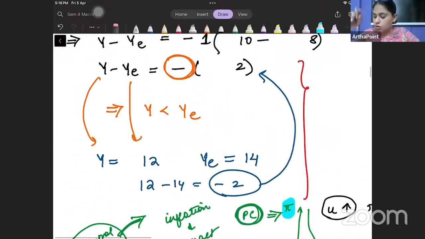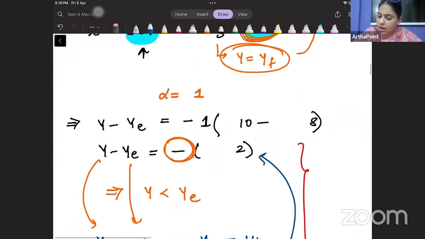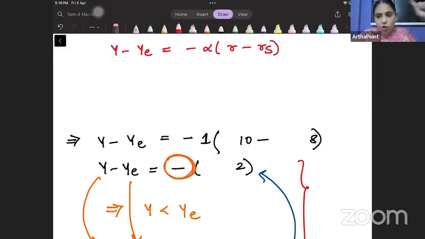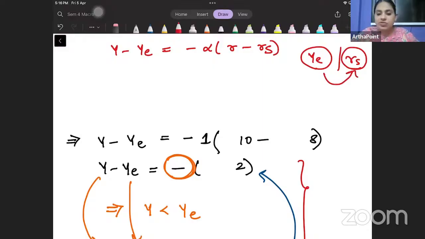मतलब अगर मैं सोच लूं कि देखो मुझे ना आउटपुट, I'm just coming back to this equation. So y minus ye is equal to minus alpha r minus rs. But each economy knows कि what is its full employment level of output and full employment level of corresponding interest rate. हर इकोनॉमिस्ट को, हर सेंट्रल बैंक को ये पता होता है कि what will be the full employment level of output in that economy. ठीक है.